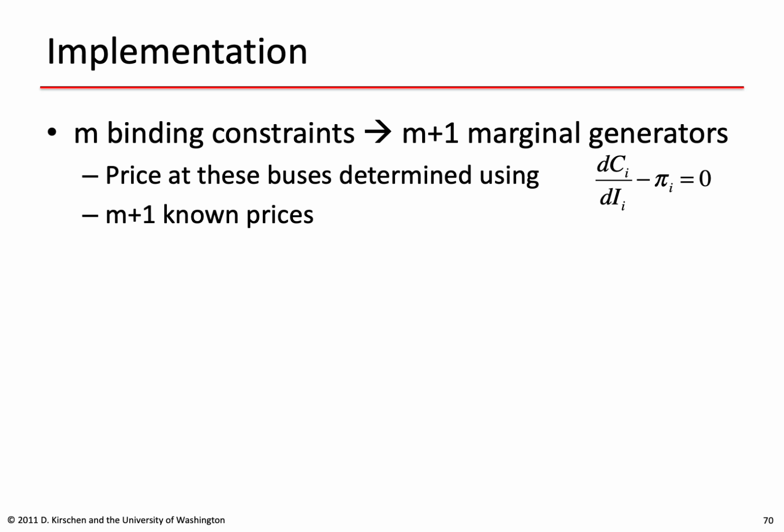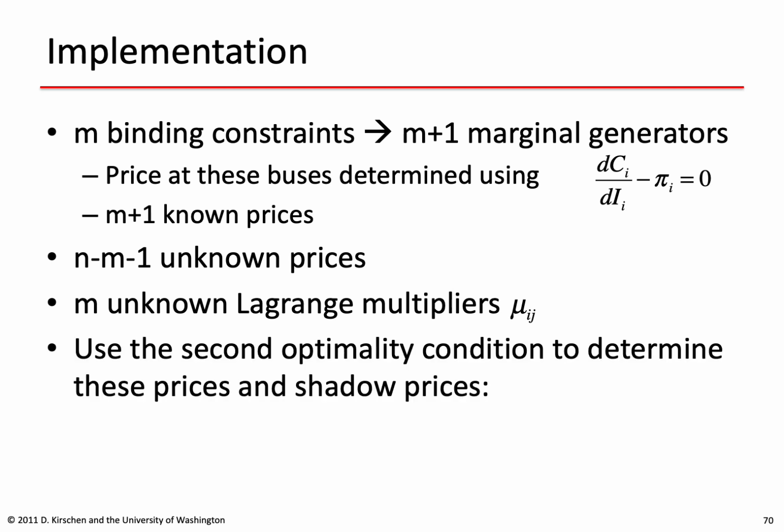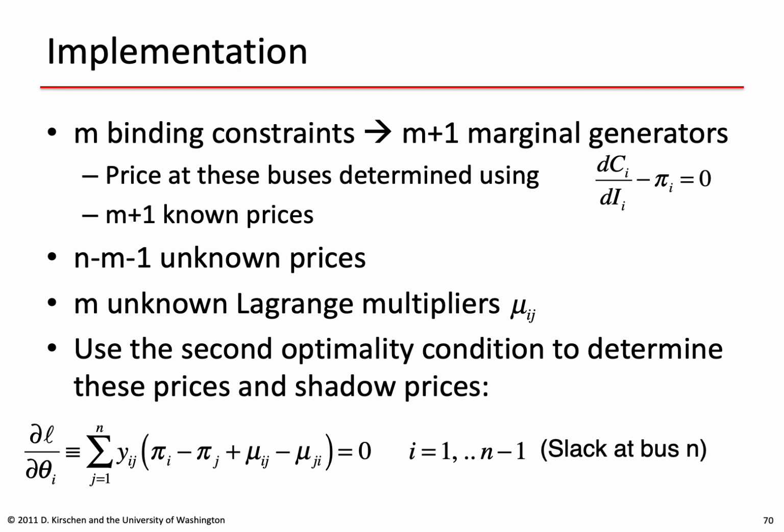So that gives us m plus 1 known prices pi I. That leaves us with n minus m minus 1 unknown prices and m unknown Lagrange multipliers mu ij. And we'll use the second optimality conditions to determine these prices and shadow prices.